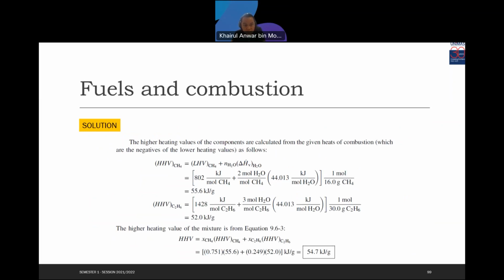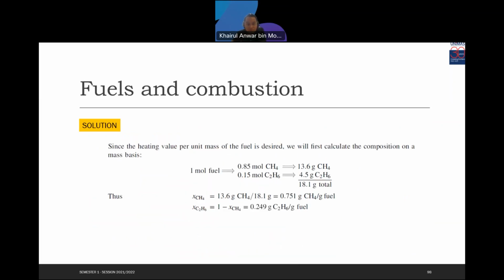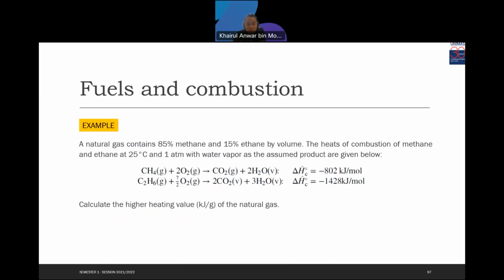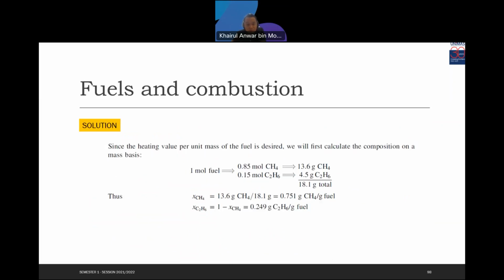The higher heating values of the components are calculated from the given heats of combustion, which are the lower heating values, as follows. HHV of CH4 equals LHV, lower heating value, plus N H2O delta HV. LHV is equal to the heat of combustion.